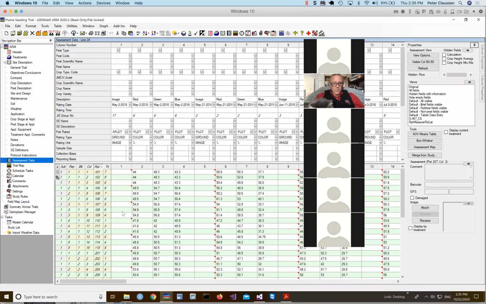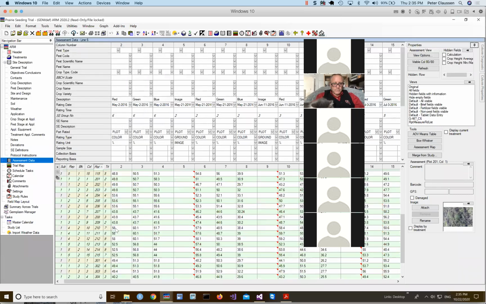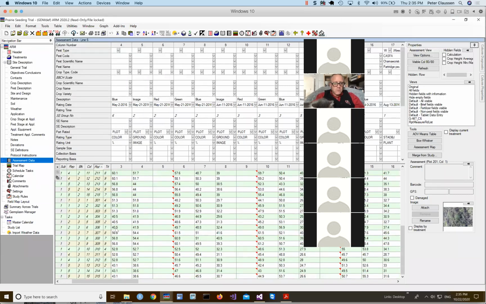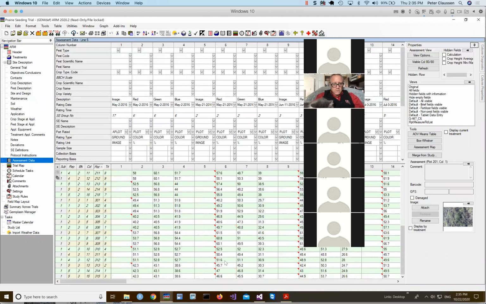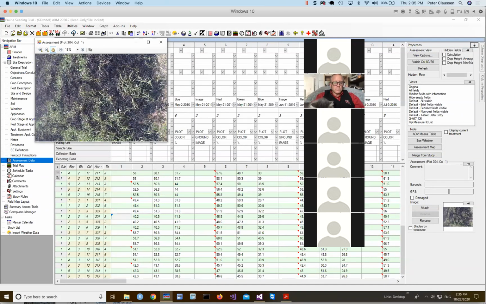In this case, my experimental error with regard to burn, mow, and spray, let's see if I can find that one I popped up a little bit ago. Where did my window go?